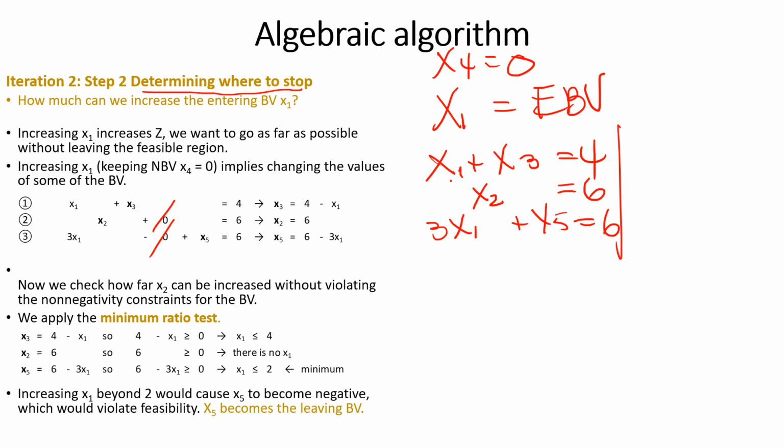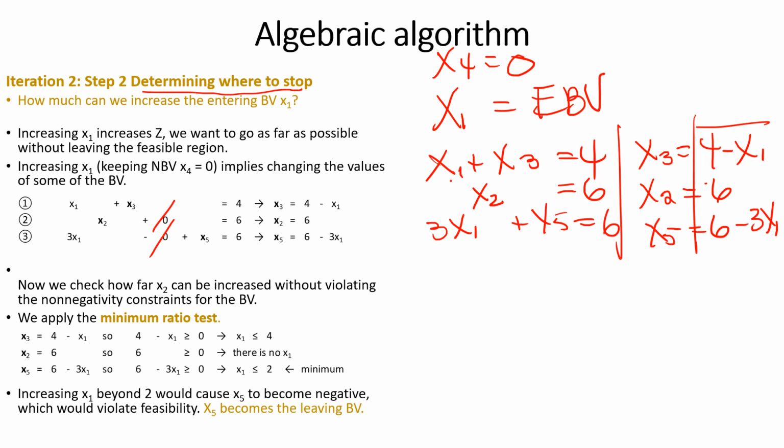So from here x3 is going to be equal to 4 minus x1, x2 is going to be equal to 6, and x5 is going to be equal to 6 minus 3x1. We want to know how far we can go with these x1s.